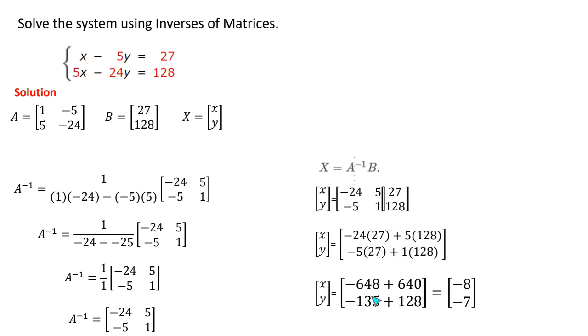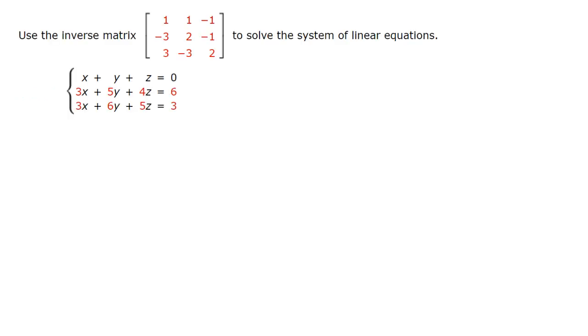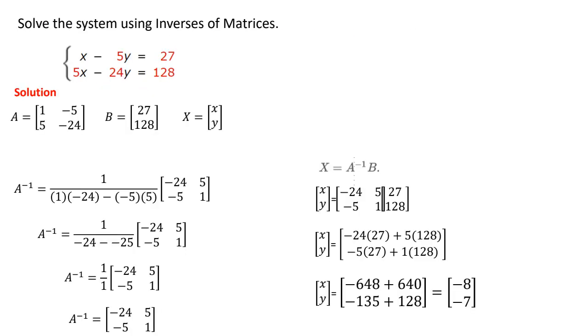So if we use the calculator, we end up with -648 and 640, -135 and 128. So -648 plus 640 is -8, and -135 plus 128 is -7. So our solutions are x equals -8 and y equals -7.